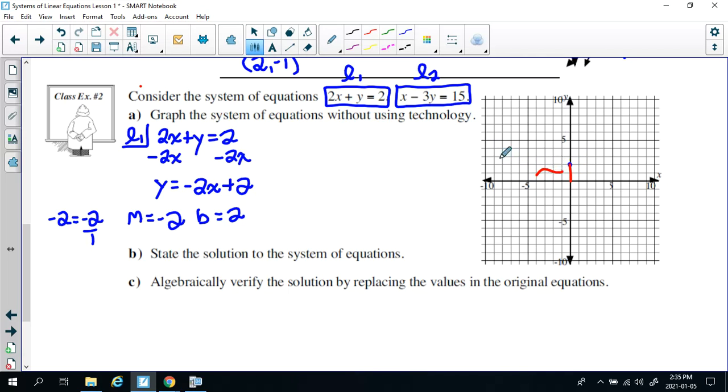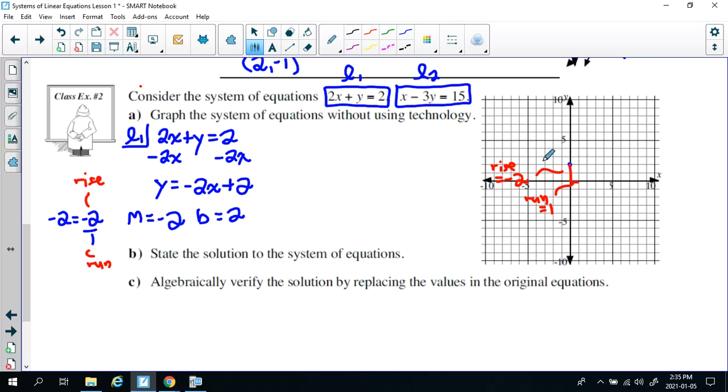And then I'm going to have my rise equals -2. And then we're going to go across. My run is going to be 1. So again, here, this is the rise. This is the run. Go across by 1. It's just a really tiny run. So my run would be equal to 1.